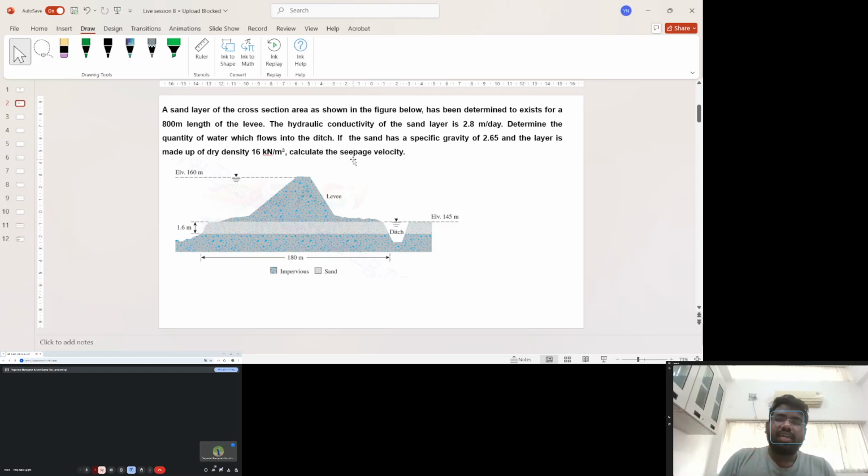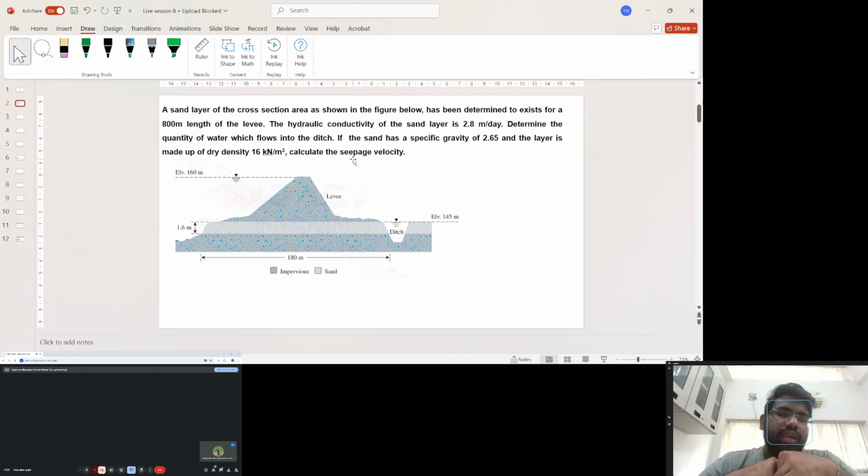The sand layer of cross-section area as shown in the figure below has been determined to exist for a length of 800 meters of the levee. A levee is an embankment constructed to retain water of relatively lesser heights, unlike dams or reservoirs.